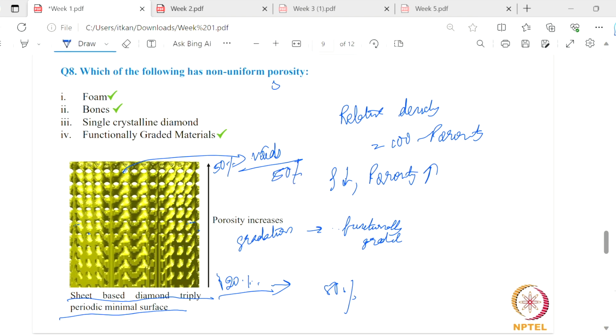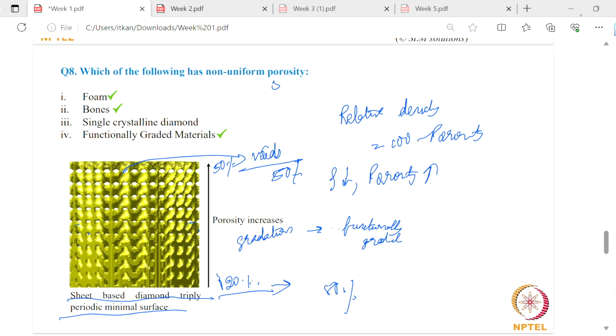Now, the foam is also non-uniform. We cannot control the pore size. Somewhere it may be 50 micron, elsewhere it may be 20 micron or 80 microns. Now bones, as we know, as per the requirement of the body, have different porosity.